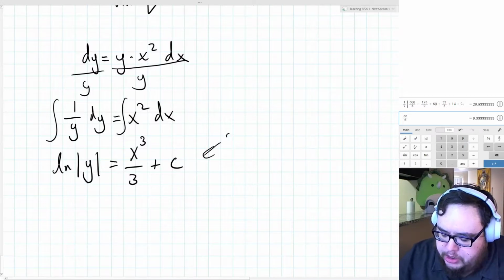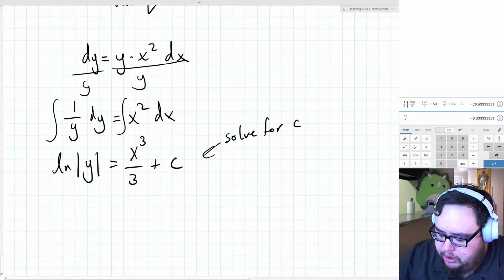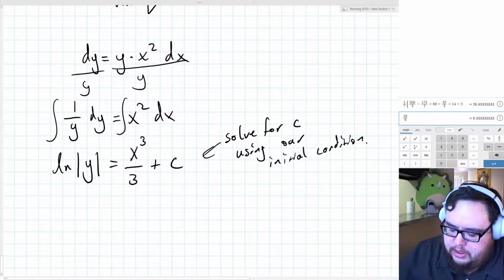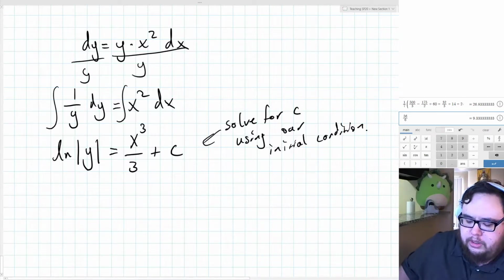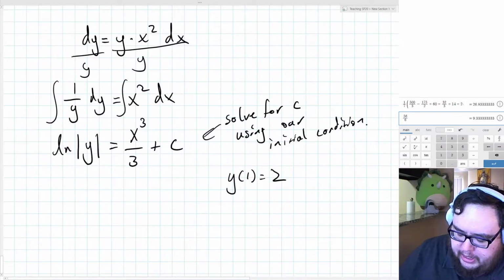Now we can solve for C using our initial condition. This is us recovering our fixed cost, basically, or our fixed value. We know that y of 1 is equal to 2, so that means that when x is equal to 1, y is equal to 2.